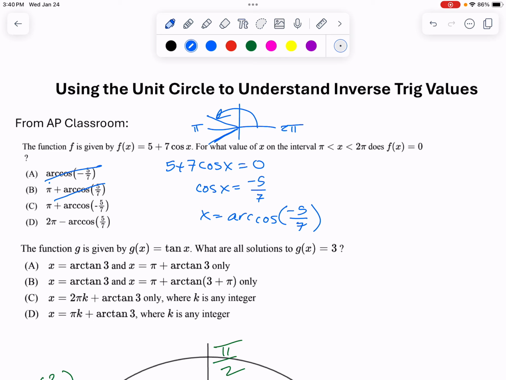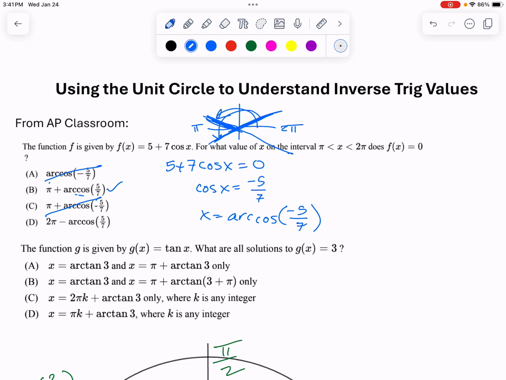And then, oh wait, I lied to you. This arc cosine of a positive 5/7 puts me over here in quadrant 1. And so if I'm in quadrant 1 and add pi, this is probably the correct answer. Let's keep going and check the others. The next one, part C, was the one that I was just drawing. We had this angle here, and then we added pi, and we ended up in quadrant 4. So that's no good.